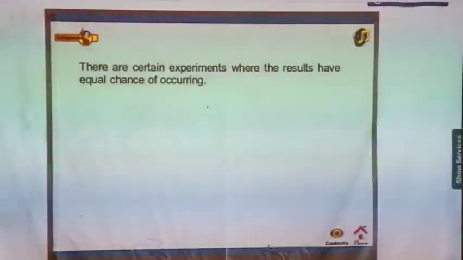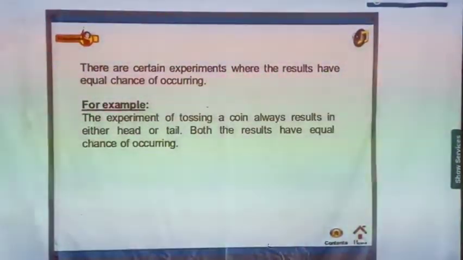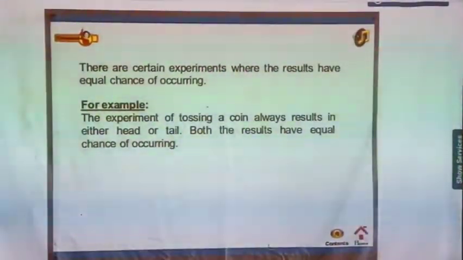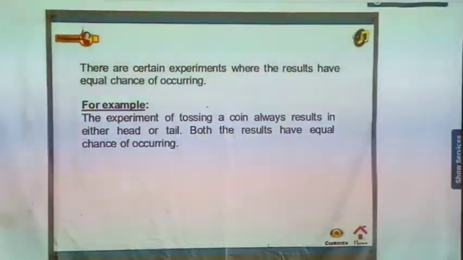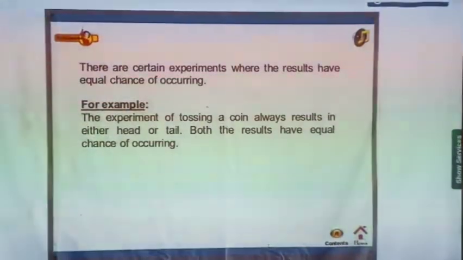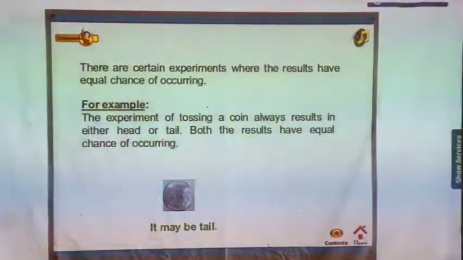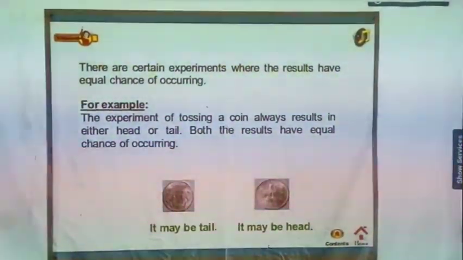There are certain experiments where the results have equal chances of occurring. For example, the experiment of tossing a coin always results in either head or tail. Both the results have equal chance of occurring. It may be tail, it may be head.